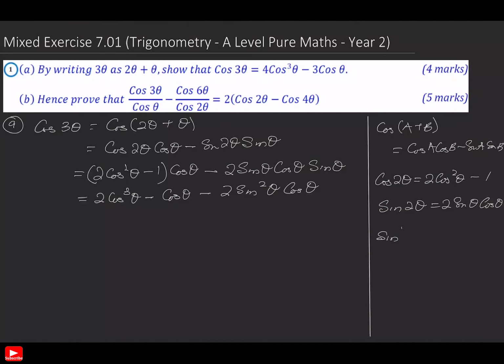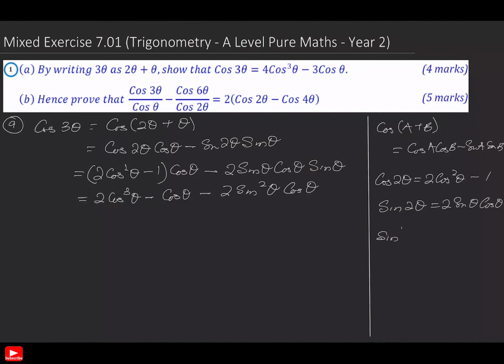So we're going to replace this with this one. So I'm going to get minus 4 cos cube 2 theta minus 3 cos 2 theta, and I need to put all that in brackets. I'm going to get cos 2 theta here. So this is equivalent to this.